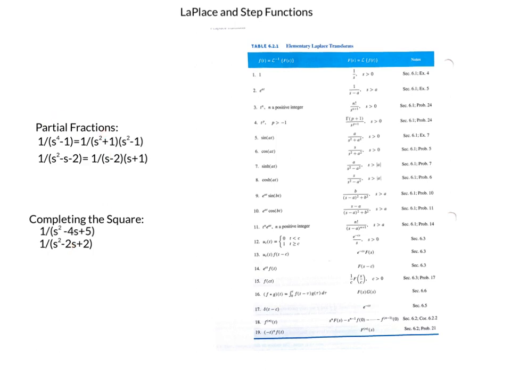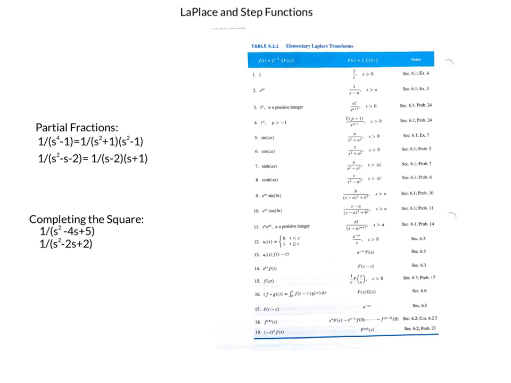For partial fractions, if you see your denominator can be factored, we often factor it and then apply partial fractions, because we don't have anything with s minus a here, but we do have something with s squared plus, in this case, a equal to 1. If we look at the denominator s squared minus s minus 2, there's nothing of that form here, but we can factor this into s minus 2 times s plus 1.